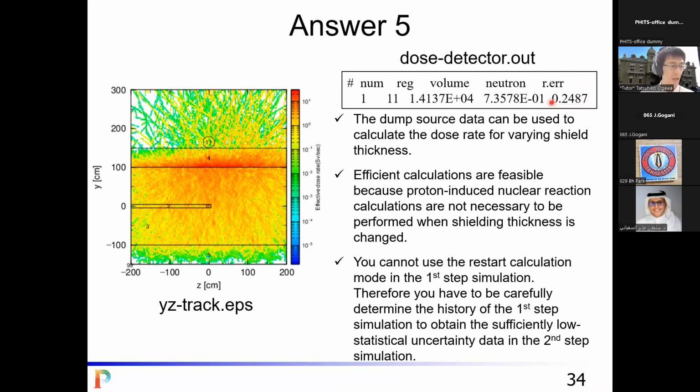And here, what we have to be careful is this second step calculation is based on the dumped data here. Usually, to improve the statistical accuracy, we increase max cast and max batch. But in this calculation, max batch and max cast cannot be increased.